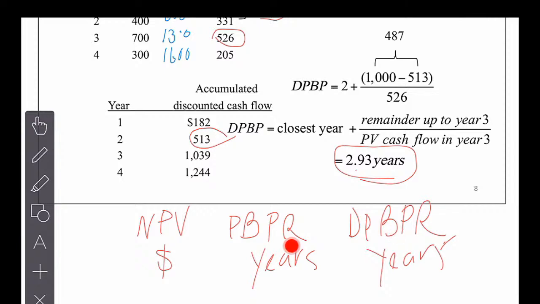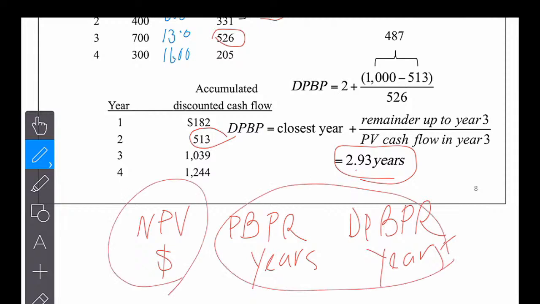Usually, maybe sometimes they'll give you the same answer. But what's the big difference between these and NPV? What is a disadvantage? What are the advantages? And that's the slide you saw, okay?